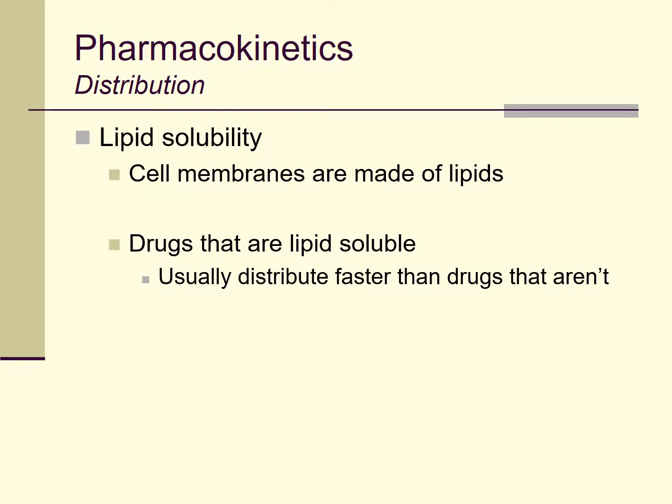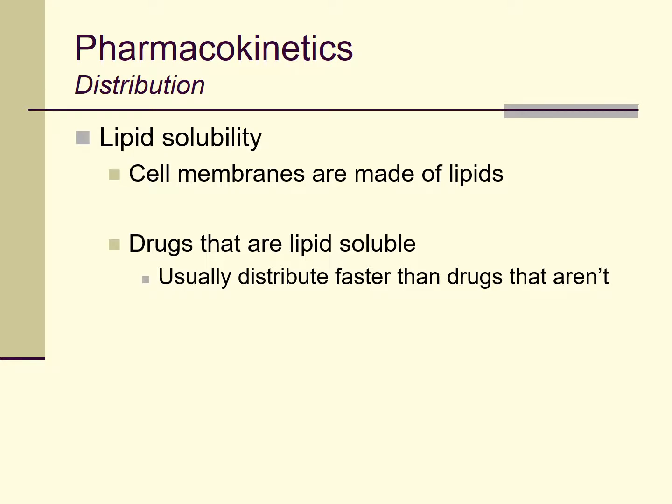You should remember that the membranes of cells are made of a bilayer of lipids. That means that drugs which can dissolve well in lipids, that's to say fats, can get into cells and into tissues of your body more quickly than drugs which aren't particularly lipid soluble.